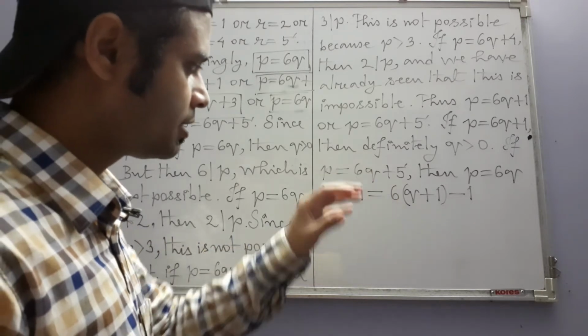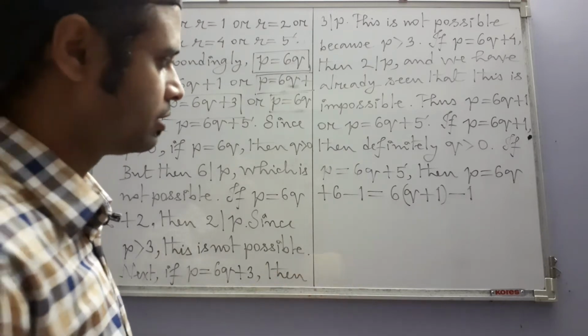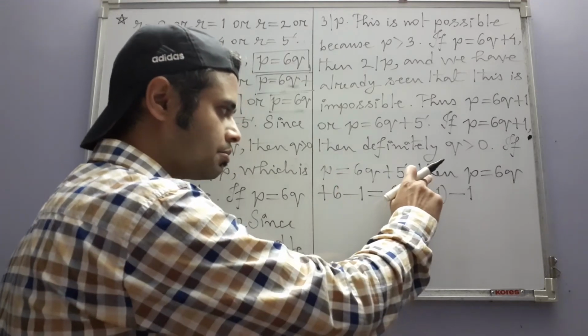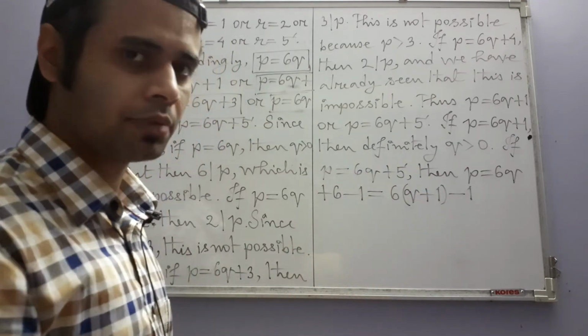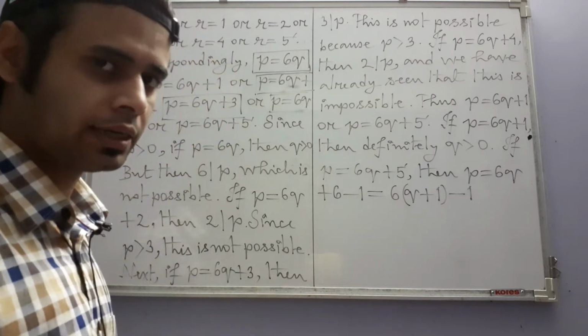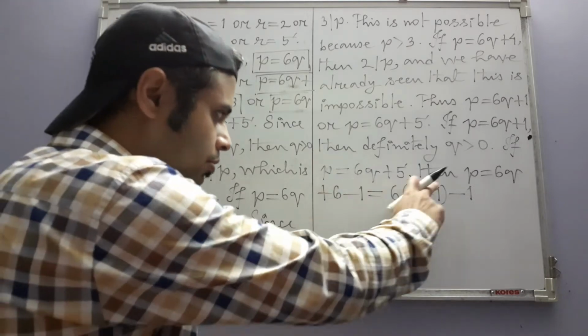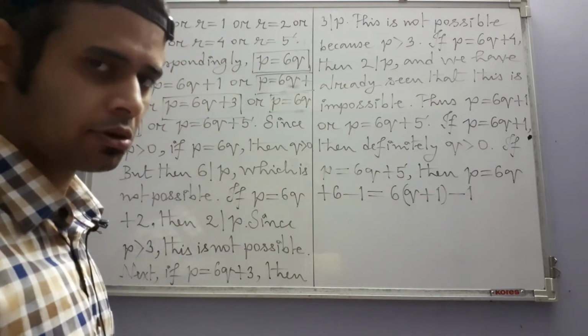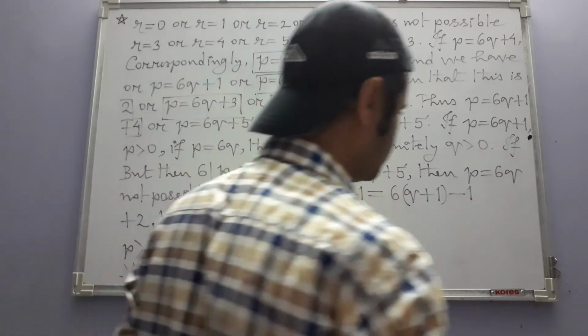In the largest possible case, where q is equal to minus 1, this becomes minus 6 plus 5 minus 1. And if you have more negative values of q, then you get more negative p, but p is not negative, so that's why q must be greater than or equal to 0.